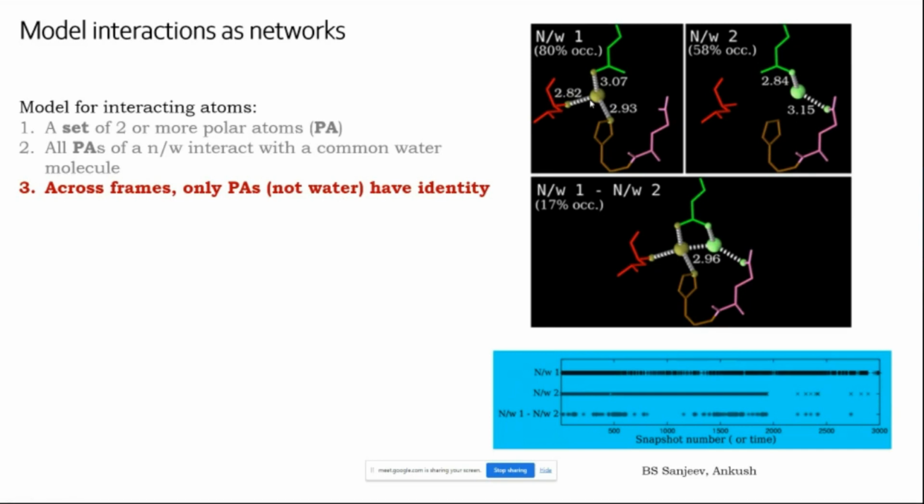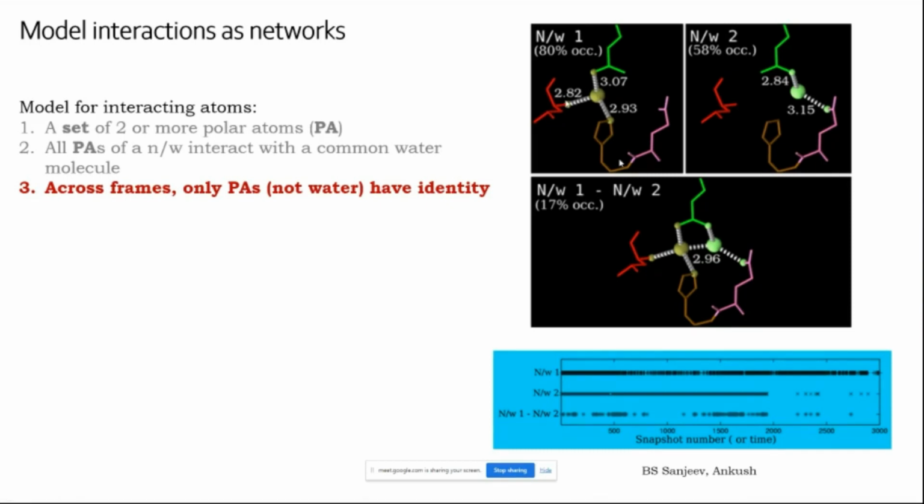Again, the word significant depends on the context. You can say water should always be there, but that's not going to be the case. Then you can say 90% of the time, 80% of the time, 20% of the time, something like that. So that significance is something that you decide based on a cutoff.